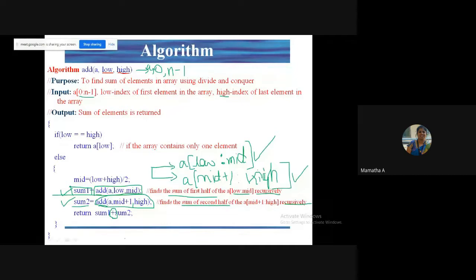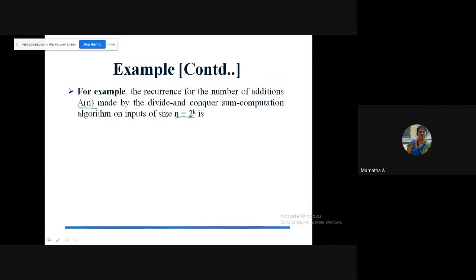So now tell me, what is the recurrence relation? A of n is equal to A of n by 2 plus A of n by 2 plus 1. So I can now come to a conclusion that A of n is equal to A of n by 2 plus A of n by 2 plus 1. If I want to elaborate it, what is this first A of n by 2?